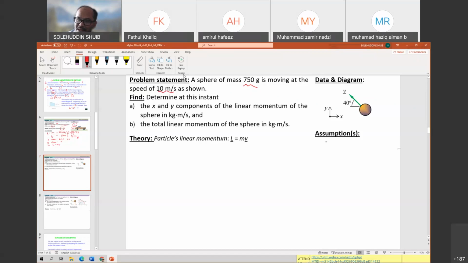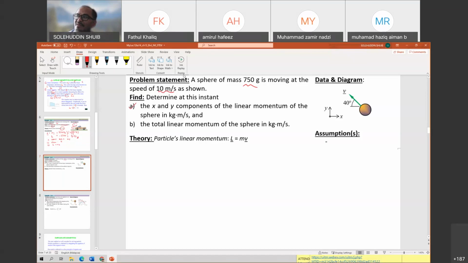You have to find the x and y component of the linear momentum of the sphere in kilogram meter per second. This is the first one.